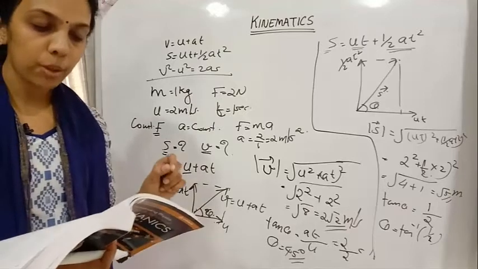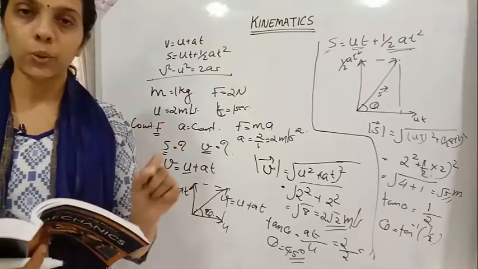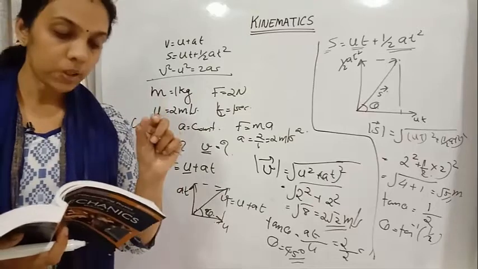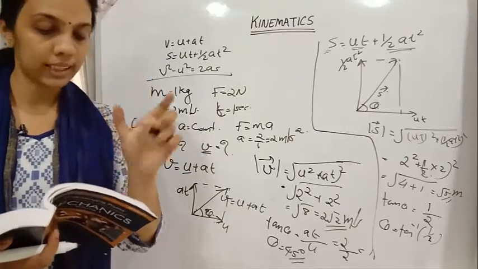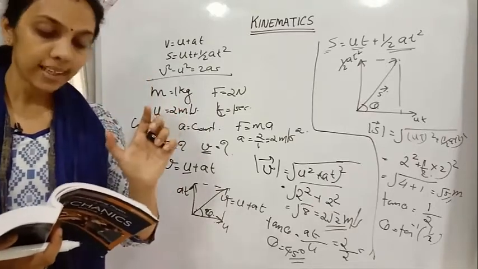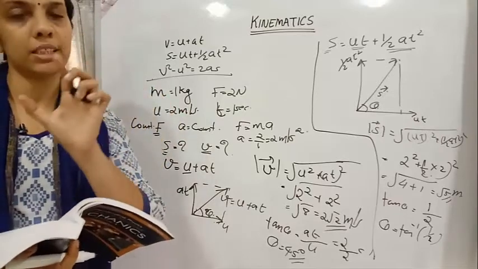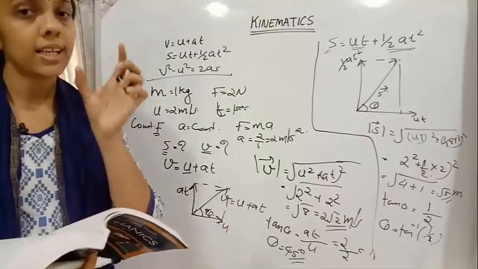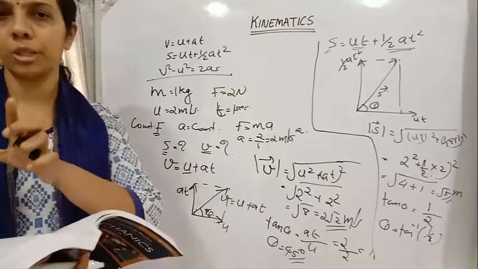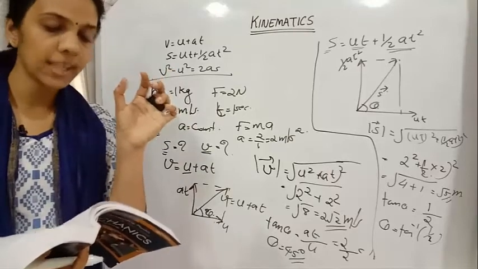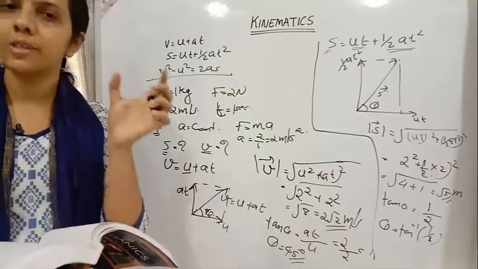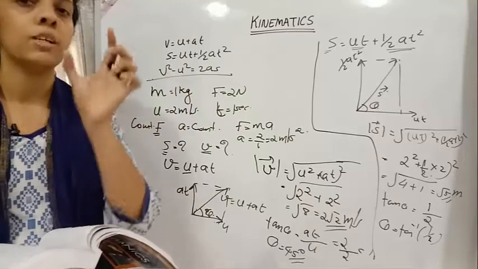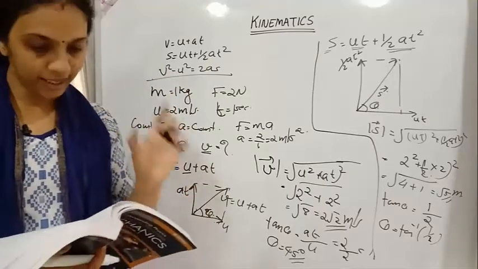So the initial velocity is 2i plus 3j meter per second. Acceleration is 4i plus 2j meter per second square. That means it is not varying with respect to time, so it is uniform acceleration.